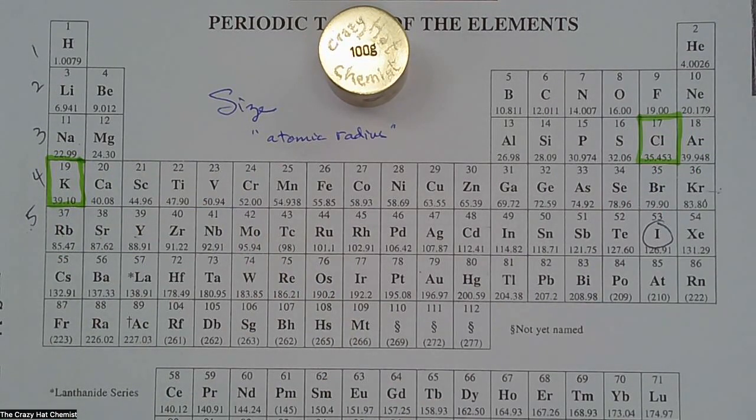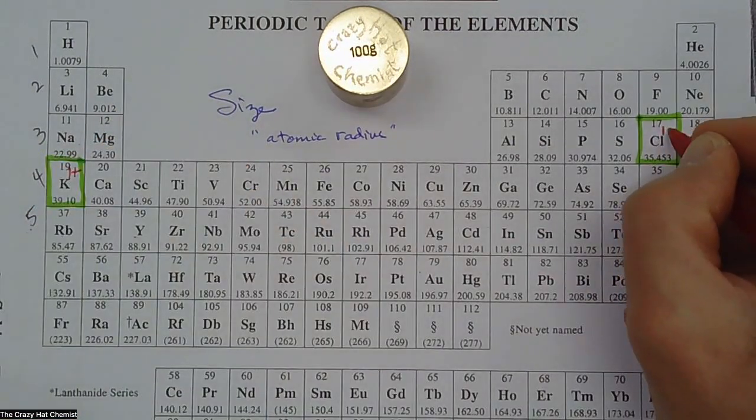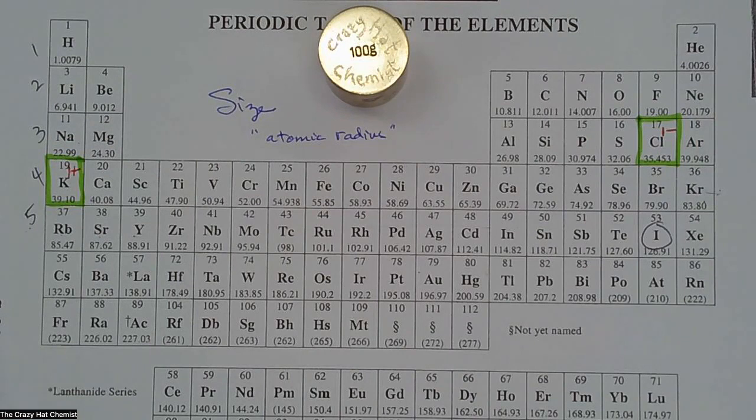The potassium ion is a 1+, the chloride ion is a 1-. And so you should see that this follows the basic trend in size.